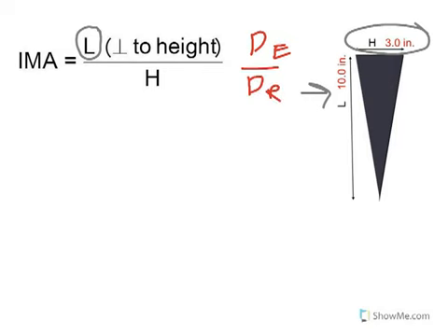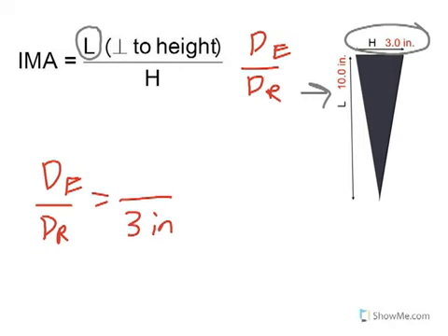In the case of this problem, for me to find my ideal mechanical advantage, all I need to do is substitute my dE over my dR. We know that dR is going to be the height, and my dE is the length. So now all I have to do is divide. And when I divide, I get 3.3.